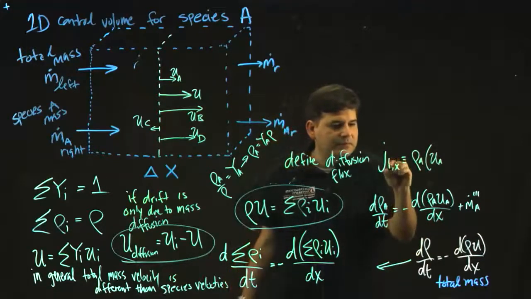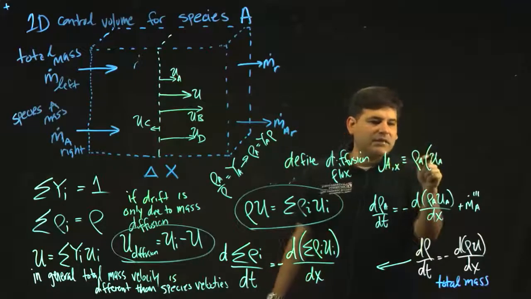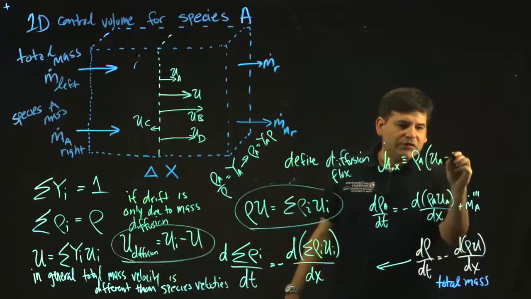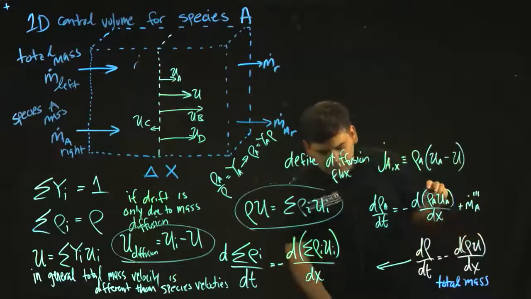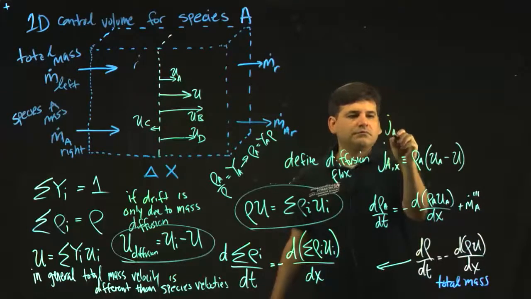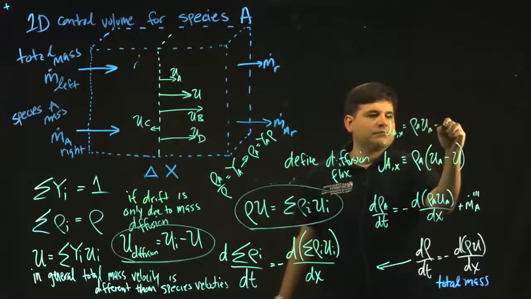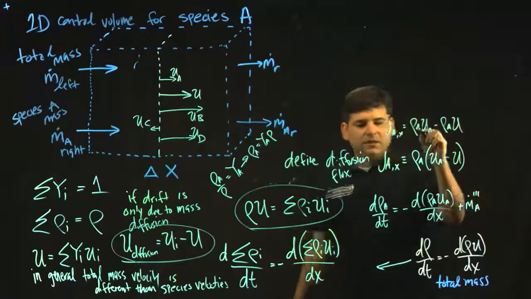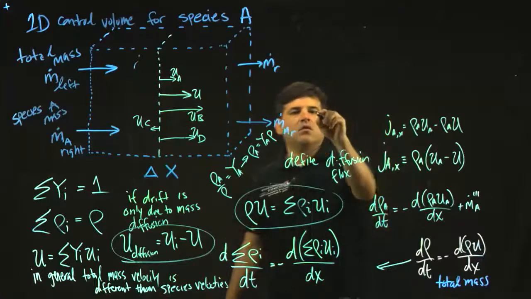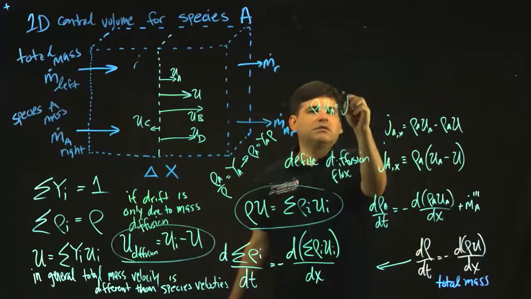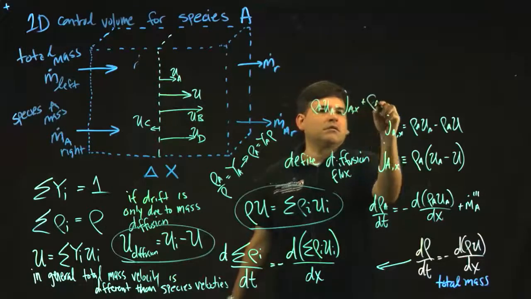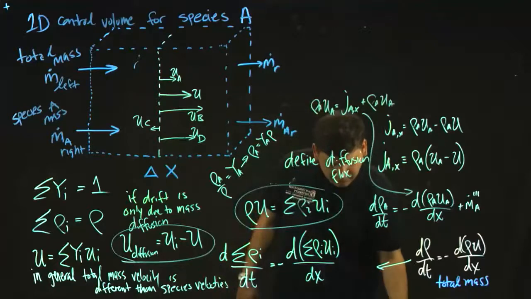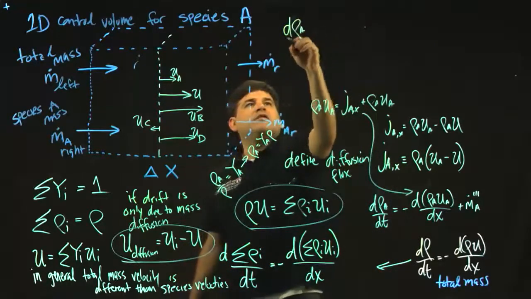Let's apply this to A. The mass flux of A is the mass diffusion flux due to diffusion, relative to the total bulk. Let's plug that into here: rho A U A equals this. Plugging that in here gives this form of the species balance.